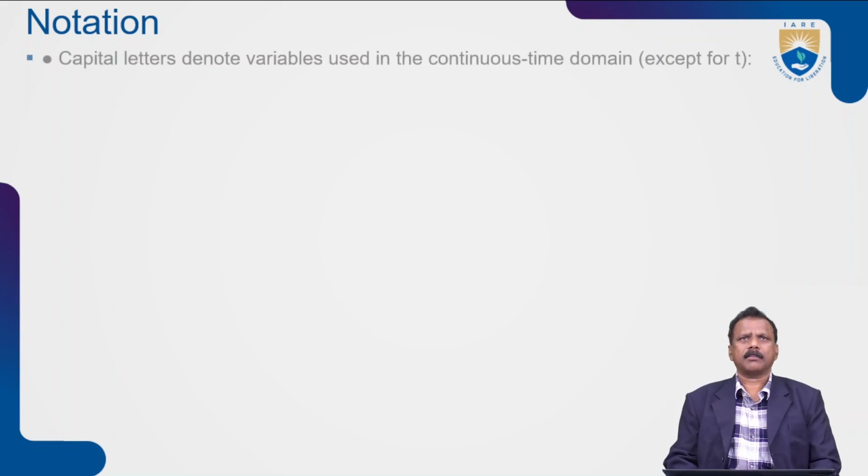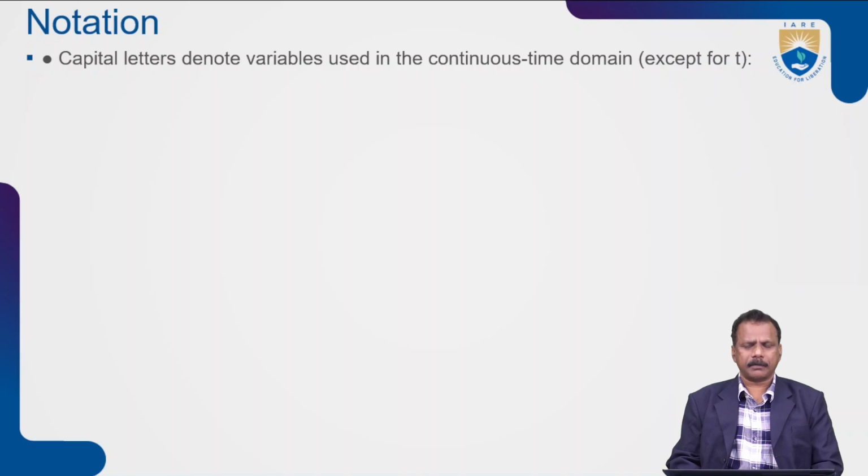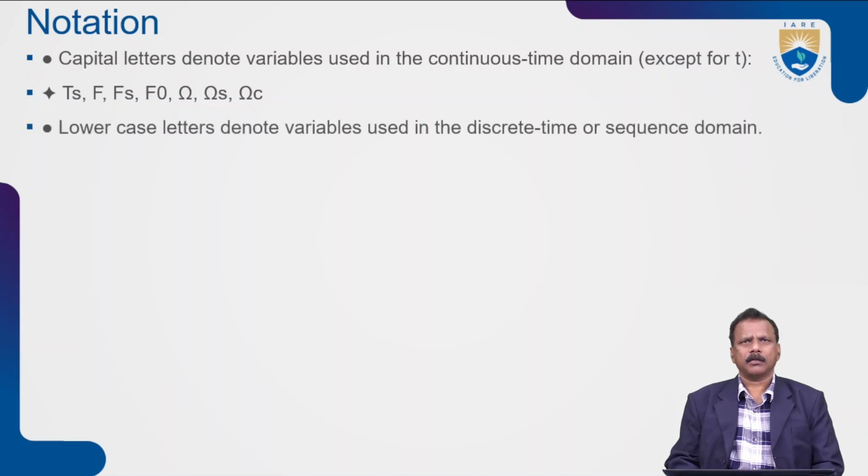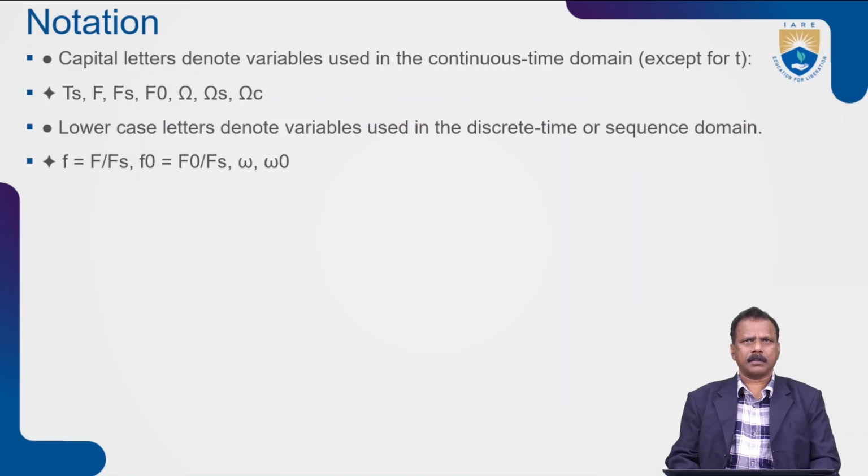The notation is followed by capital letters denoting variables used in the continuous time signal, such as T, Fs, F0, omega, omega S, and omega C. Lowercase letters denote variables used in the discrete time or sequence domain, where f equals F by Fs, f0 equals F0 by Fs.